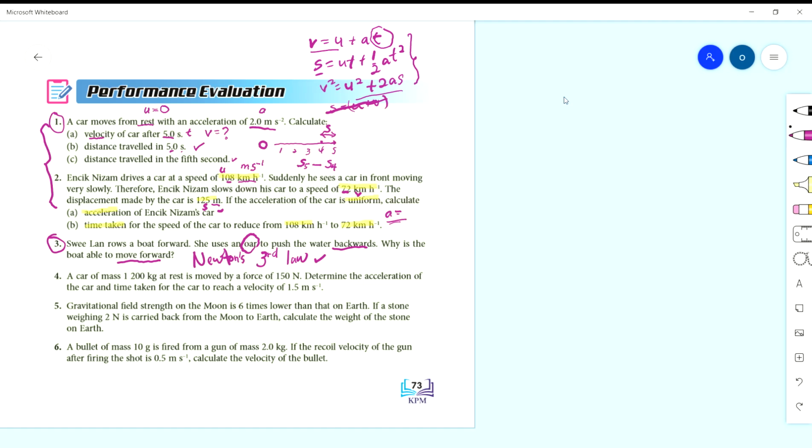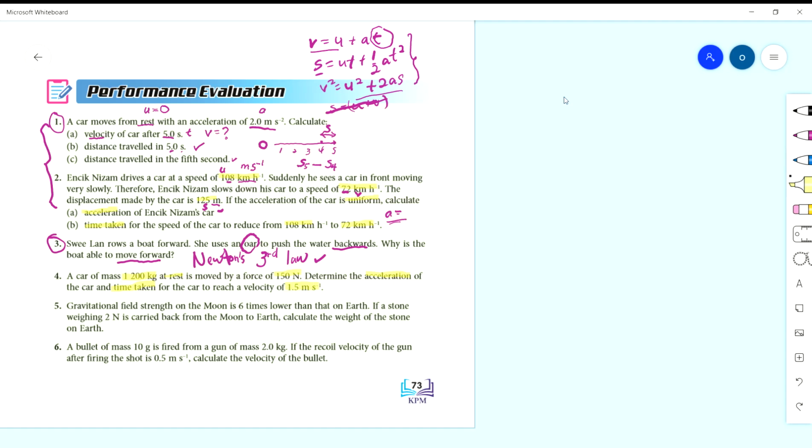Okay, now question number 4. A car with mass 1,200 kilograms at rest is moved by a force of 150 Newton. Determine the acceleration of the car and the time taken for the car to reach a velocity of 1.5.